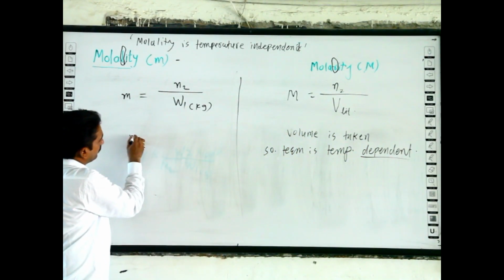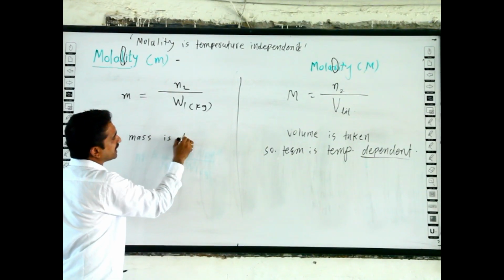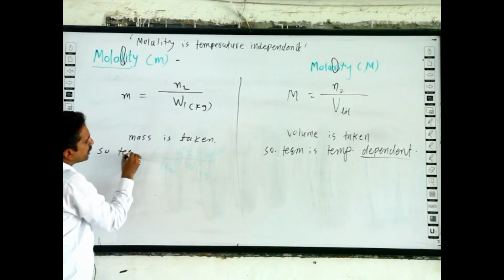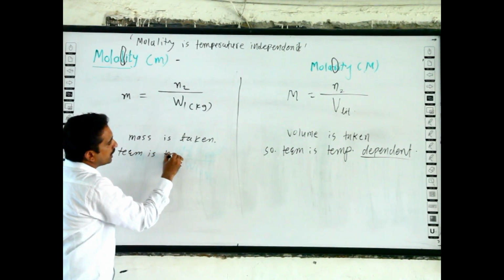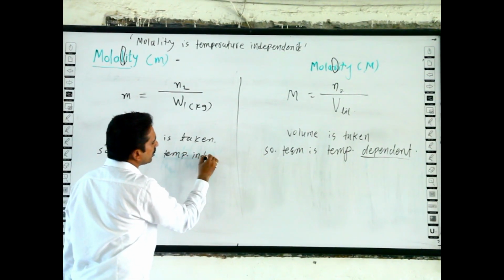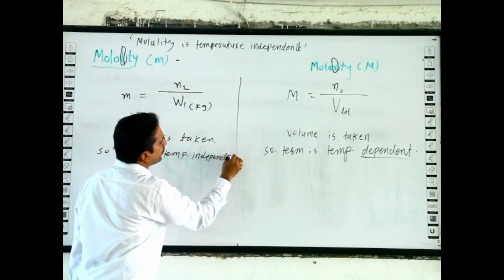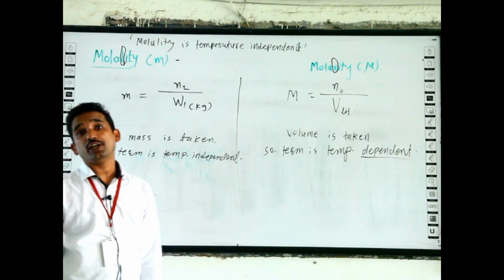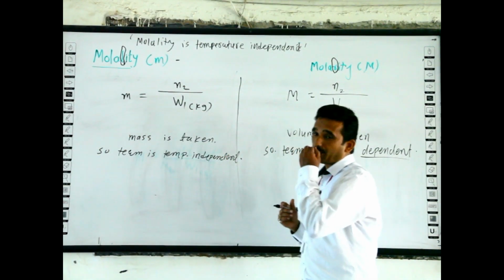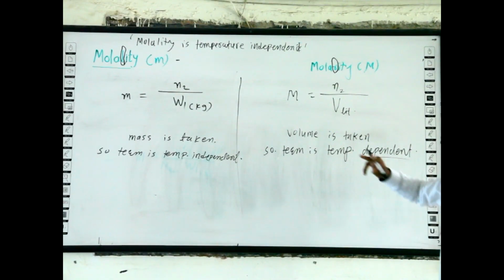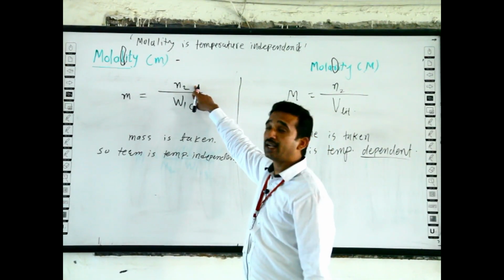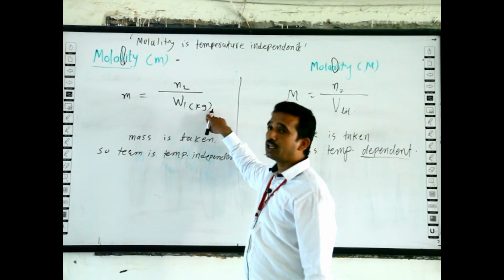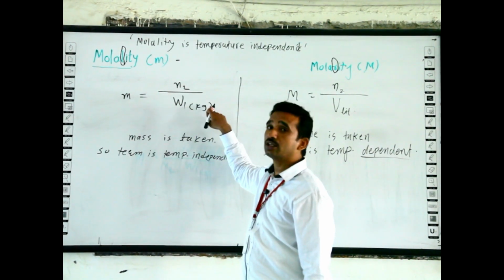Here mass is taken, so the term is temperature independent. These are the main distinguishing points, where we can change the formula in various ways. That is, if N2 we expand as W2 by M2, here W1 in kg changes to W1 in gram.